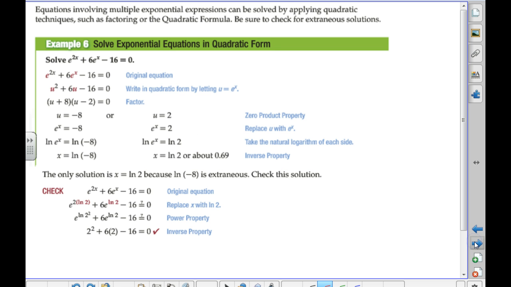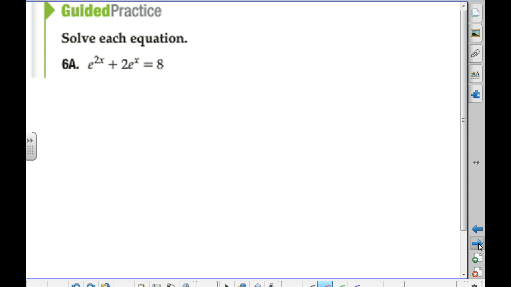All right. I need to talk about this problem. I want you to put your pencil down for a second, because I'm going to show you the way the book does them, and then I'm going to show you the way I do them, and I think you're going to want to do them the way I do them, but maybe not. The book says, let e to the x equal u.